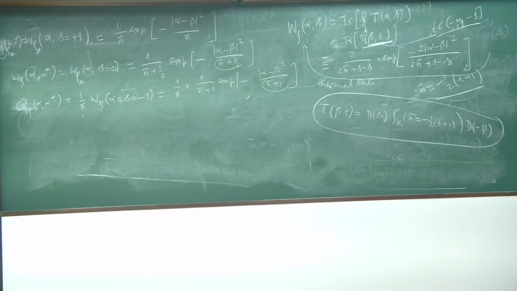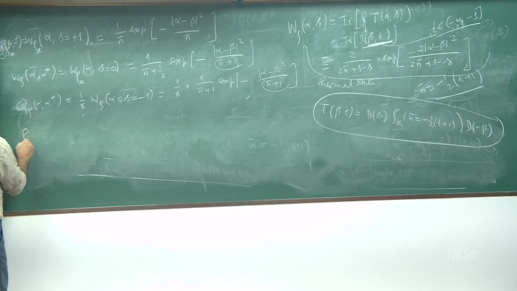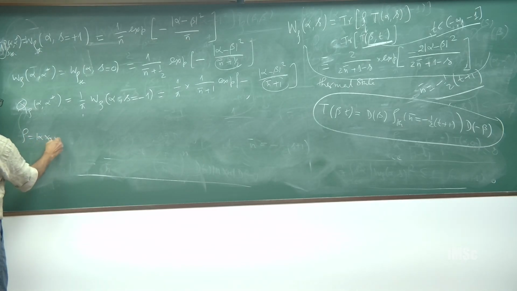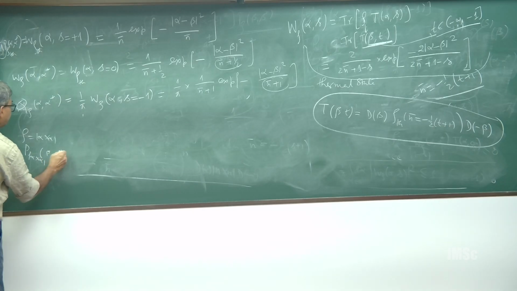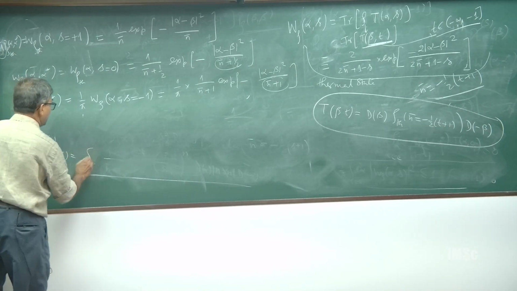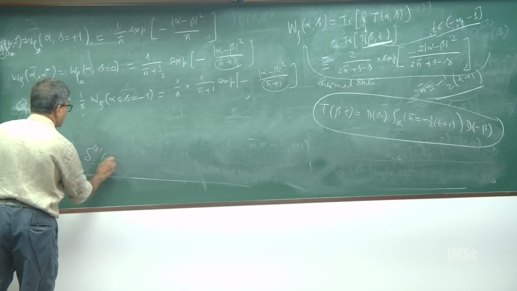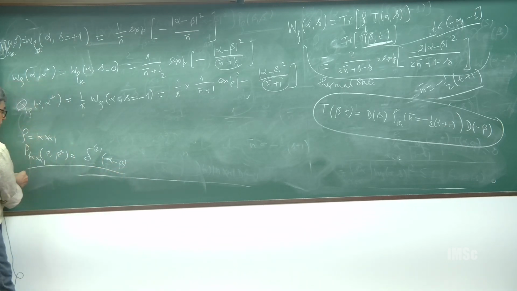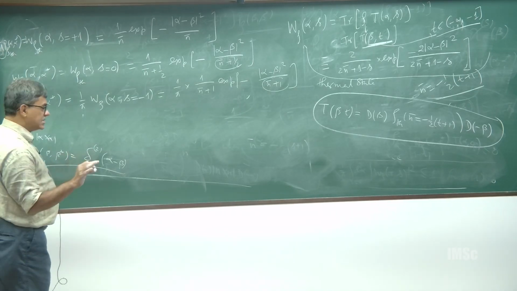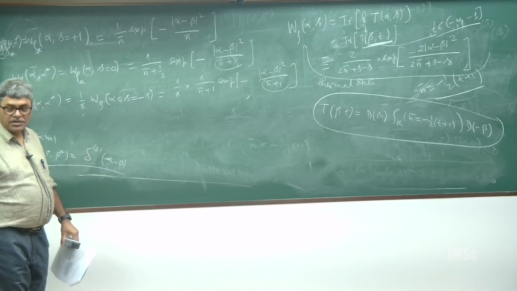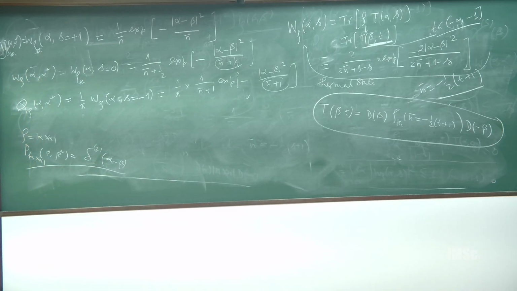Even for the coherent state, we know that the P function is a delta function. If I take rho equal to alpha, then the P function for this, say beta beta star, is a delta function of alpha minus beta. So, this is also not a well behaved function. Except for the thermal state, all the functions are generally ill behaved.